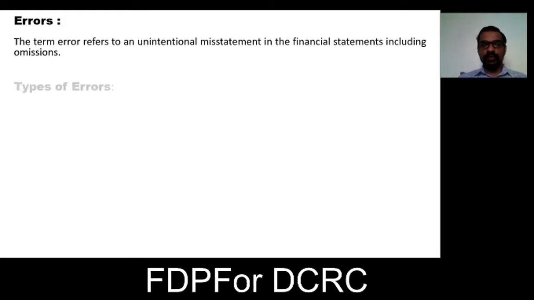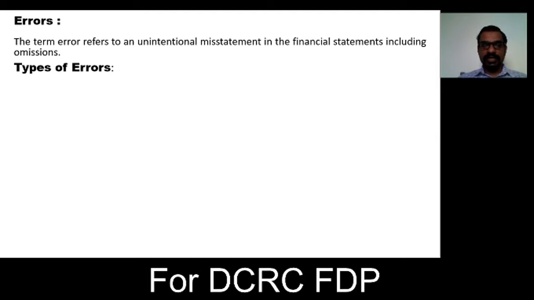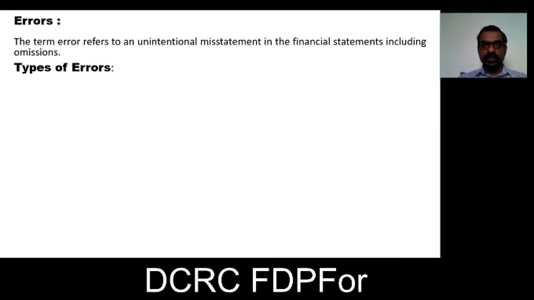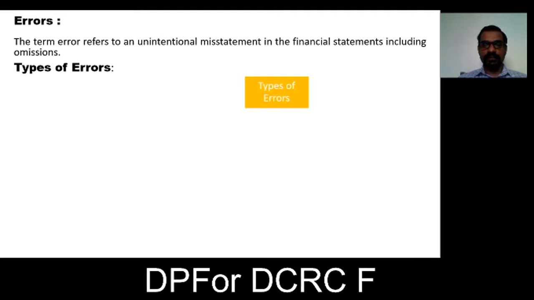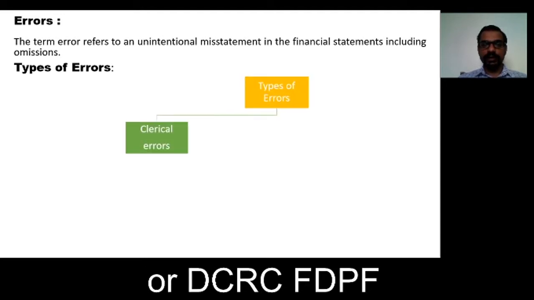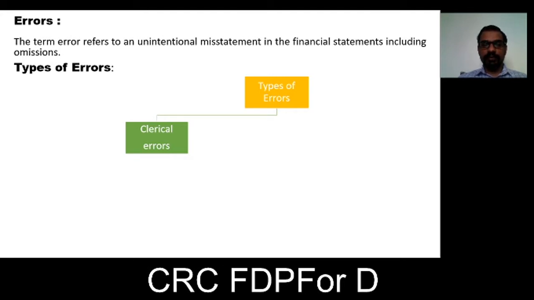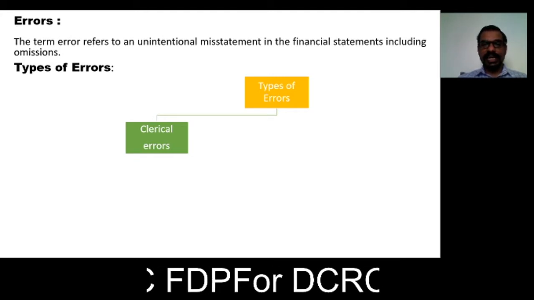So now we have to move further and discuss the types of errors. There are various types of errors. First of all, the first major type of error is clerical error.